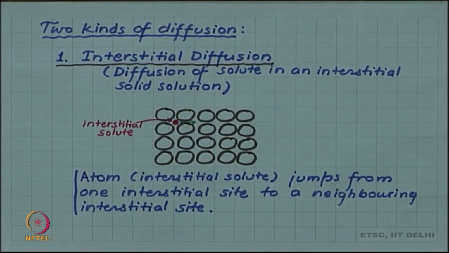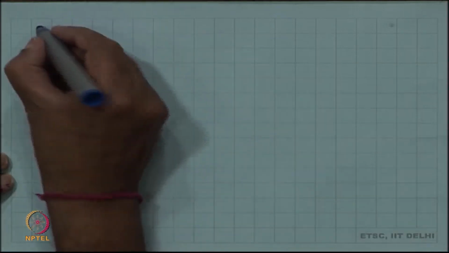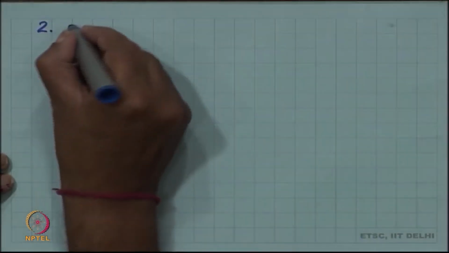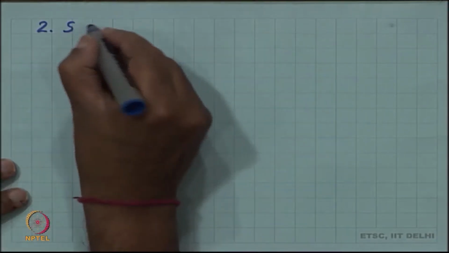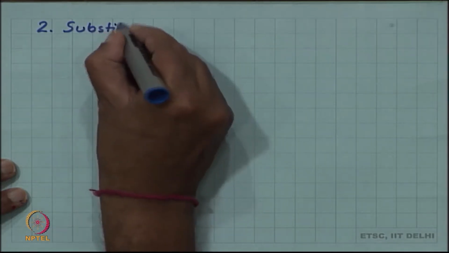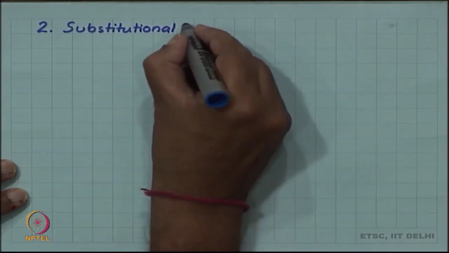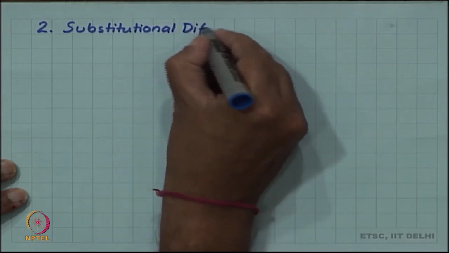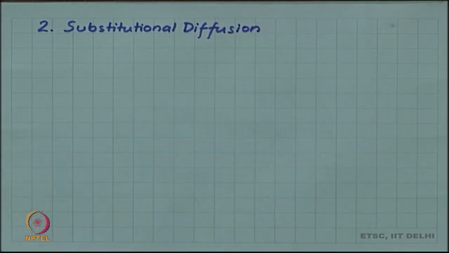The next type is substitutional diffusion. Recall that the second type of solid solution which we considered was substitutional solid solution. So, the corresponding diffusion will be called substitutional diffusion.